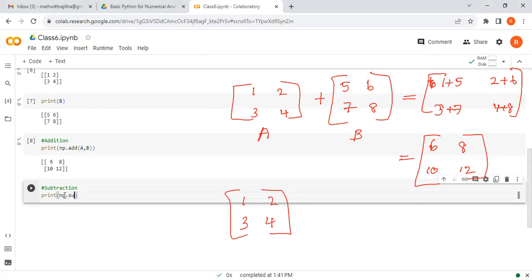Print np.subtract(A, B). We are trying to predict what we are going to get.